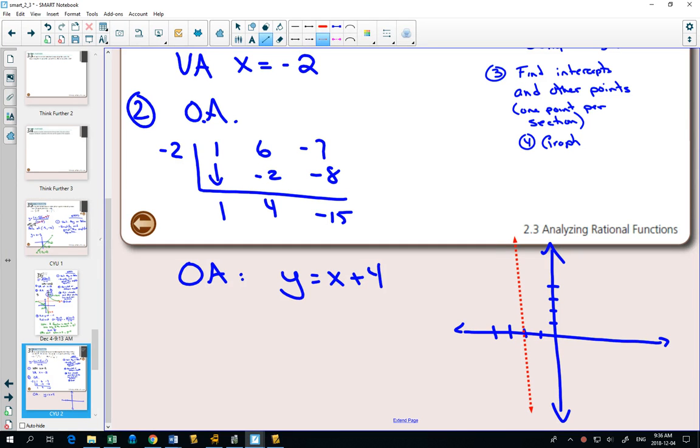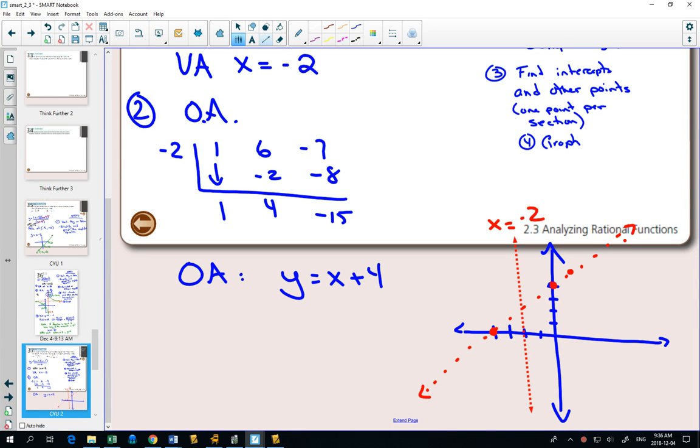We have one right here, x equals -2. Our oblique asymptote is x plus 4. That means we have a y-intercept of 4, a slope of +1, so over 1, up 1. You could, if you wanted to, find the x-intercept at -4.